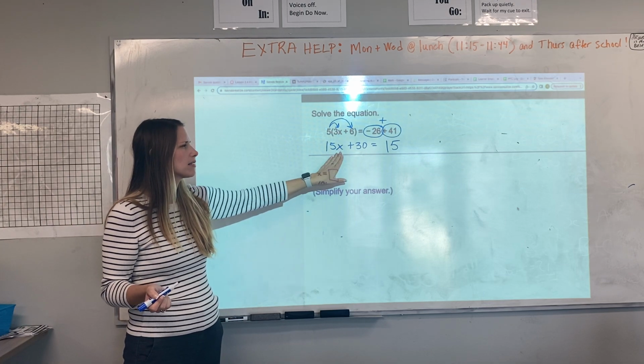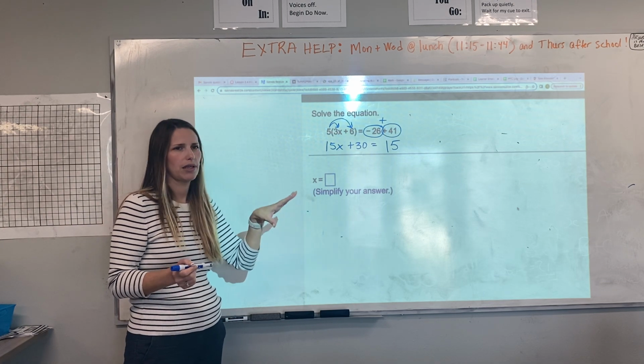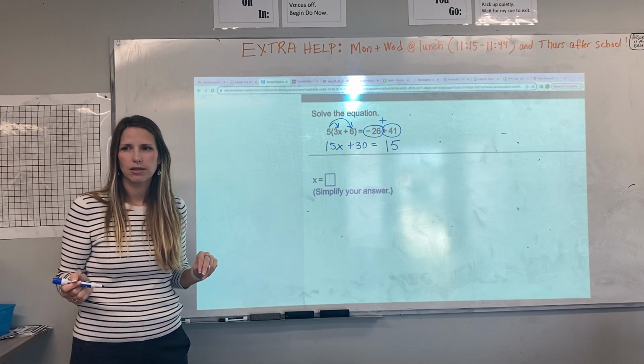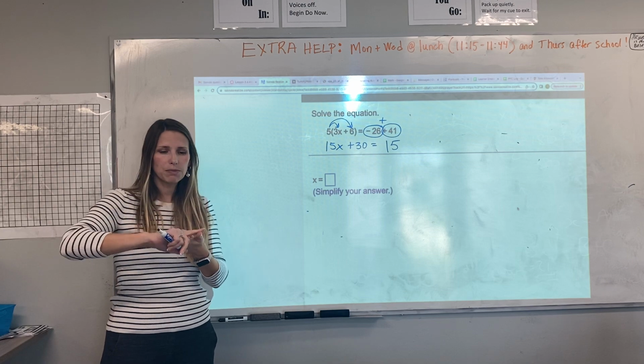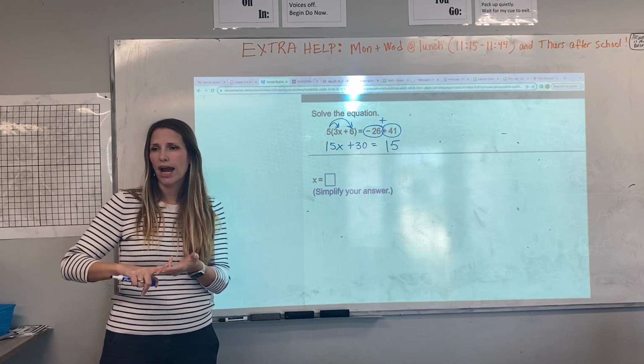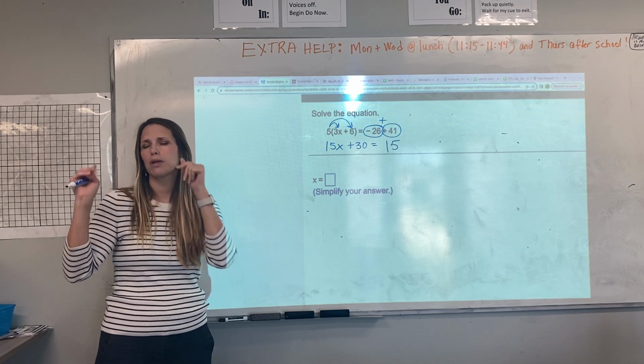So x is all caught up in 2 operations. Can you tell me one of the operations that you see? Operations are multiplication, division, addition, subtraction, technically exponents and roots, but we're not dealing with those.